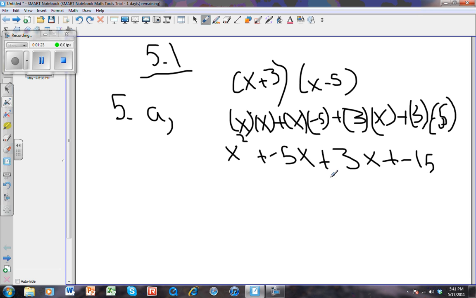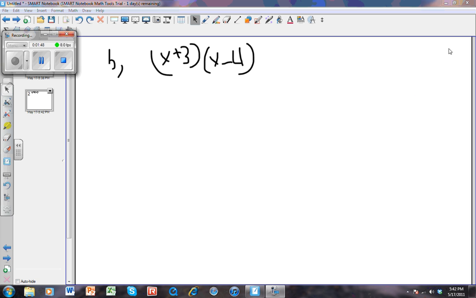So then we're going to simplify this further by making this x squared plus negative 2x minus 15. There we go. Because negative 5 plus 3 is negative 2, and then negative 15. So A. Done.